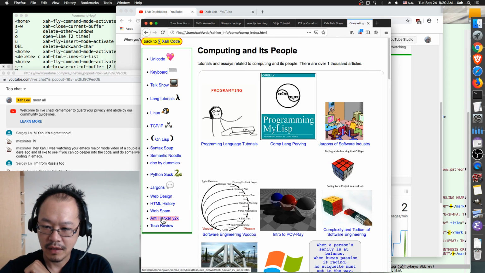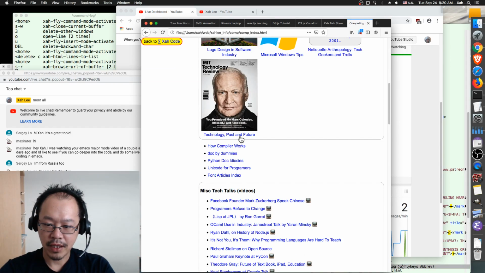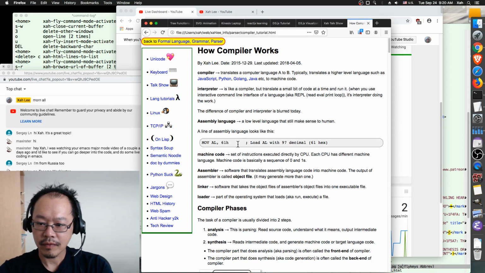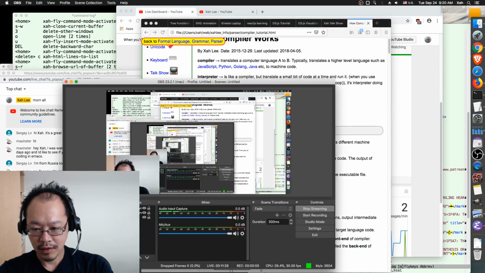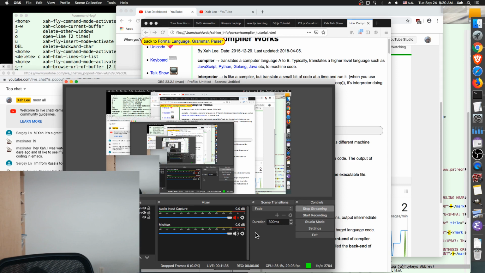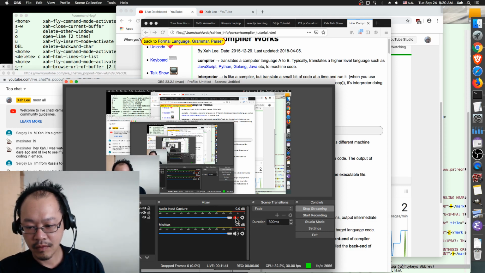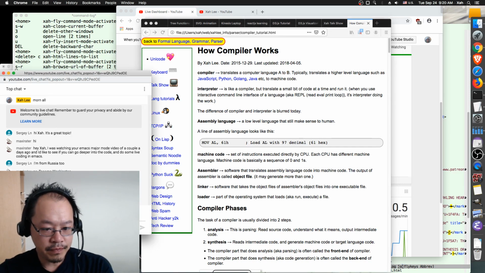How compiler works. There it is. Okay, hold on a second.